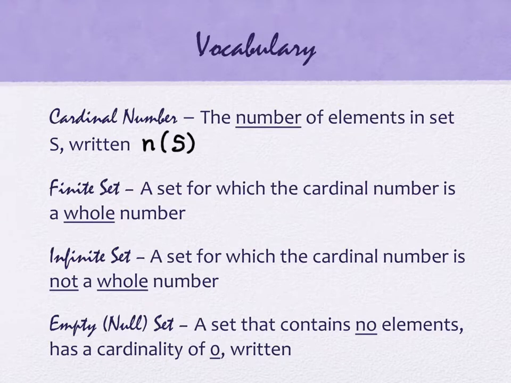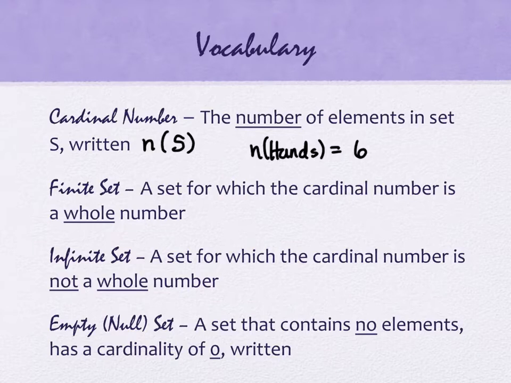So if we were going to write, for example, n of hands, where hands is the people in my family today, at this current moment, that would say 6. Okay? n of hands is equal to 6. It's just counting how many objects are in there. That's not the set, that's the number of items in the set.